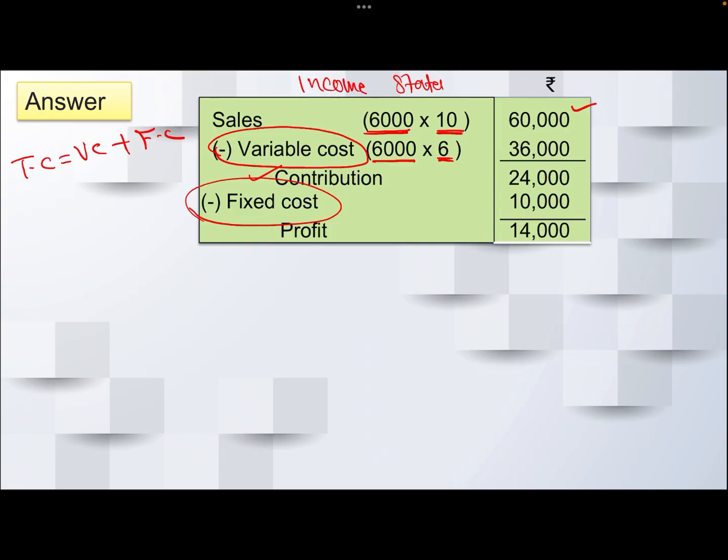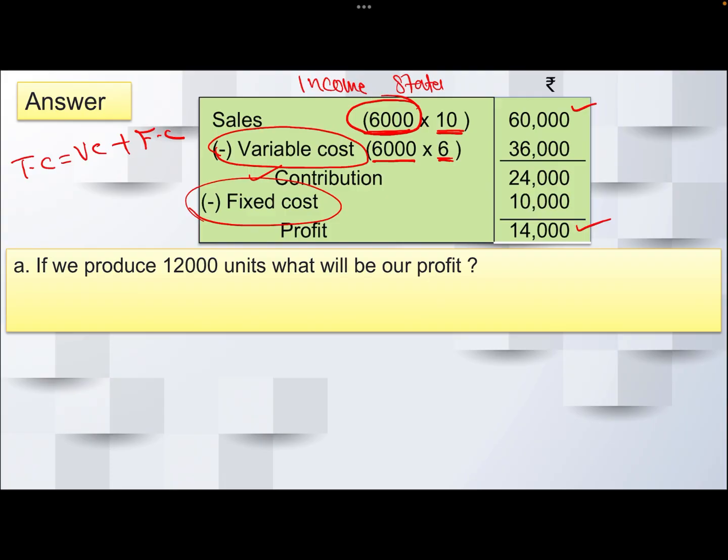When we segregate it, it will be added to the other two costs. The profit is equal to 14,000. Now I am going to ask a very important tricky question. When the business sold 6,000 pens, they got 14,000 as profit. Then the question is: if we produce 12,000 units, what will be our profit?